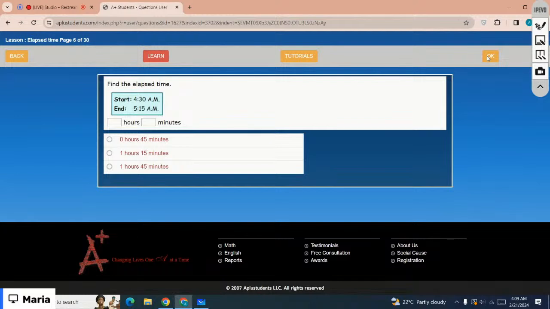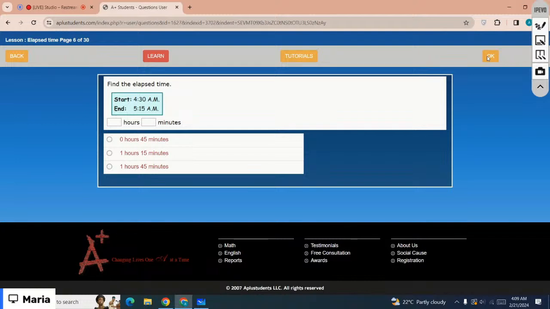Okay, the next one is find the elapsed time, that is 4:30 to 5:15 a.m. So which is the correct option? The correct option is, yes, that is 45 minutes.